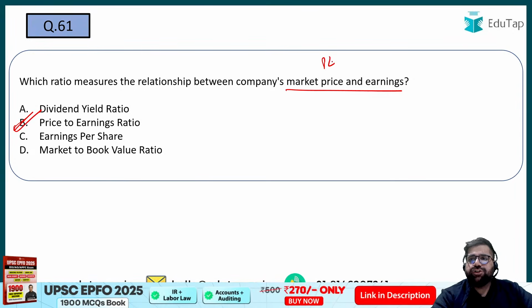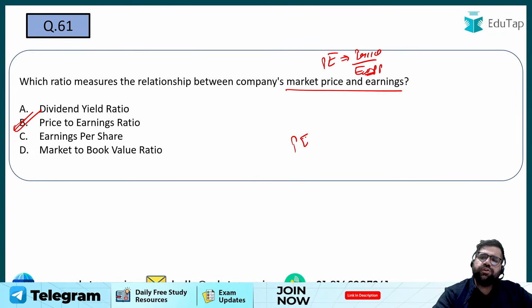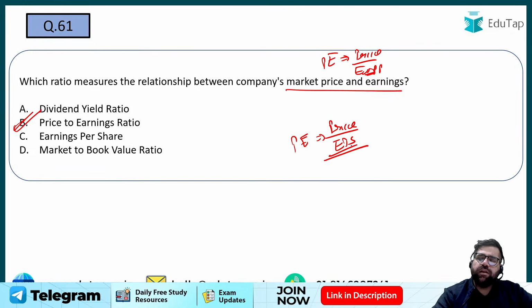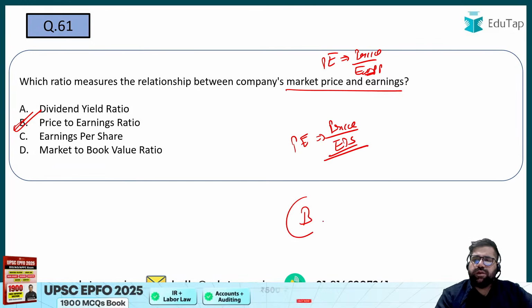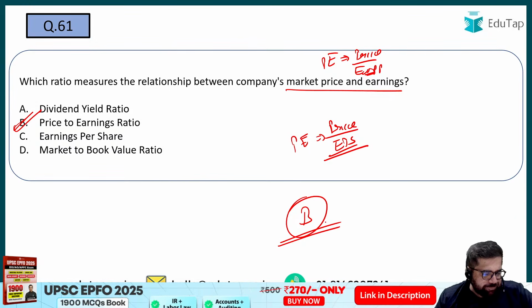Your PE ratio is what? Price divided by your earnings, basically your EPS. Your PE ratio, if I write it clearly, is your current market price divided by the EPS only. So therefore my correct answer over here will be option number B.